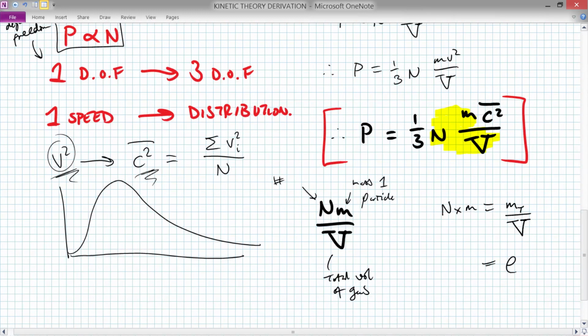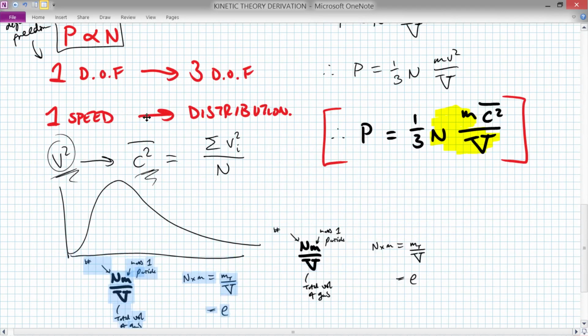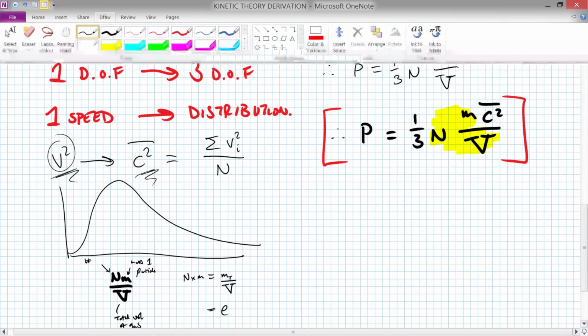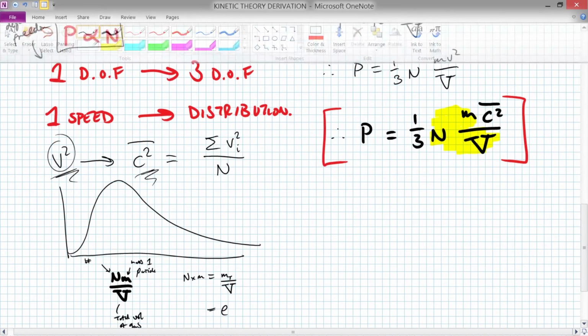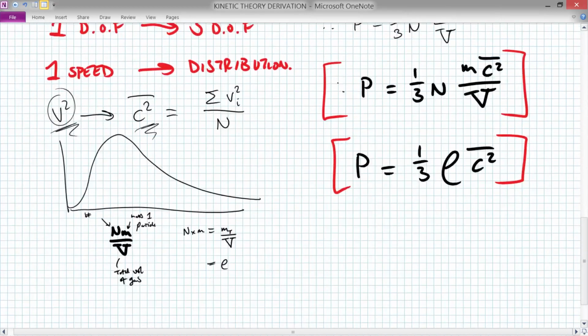So actually what we can do is move all this over, shove it over here with our Boltzmann stuff, and rewrite this as P is equal to 1 over 3 rho mean c squared. That was the other form that we arrived at. The reasoning behind that was we now have 2 equations.